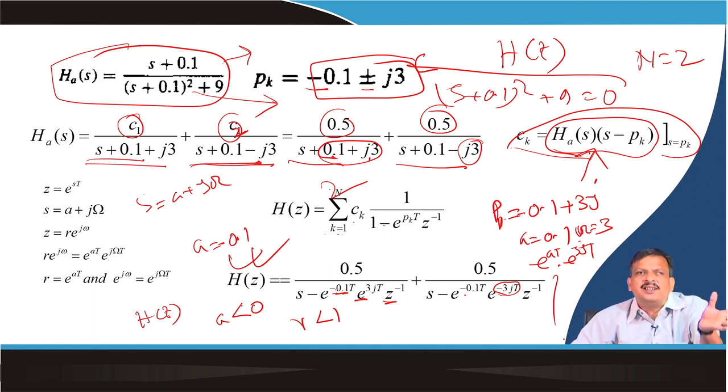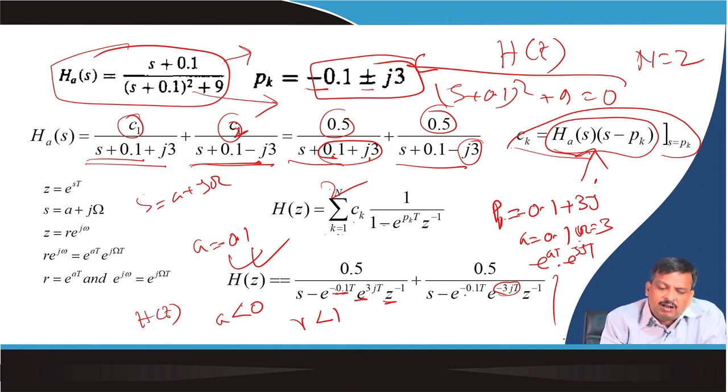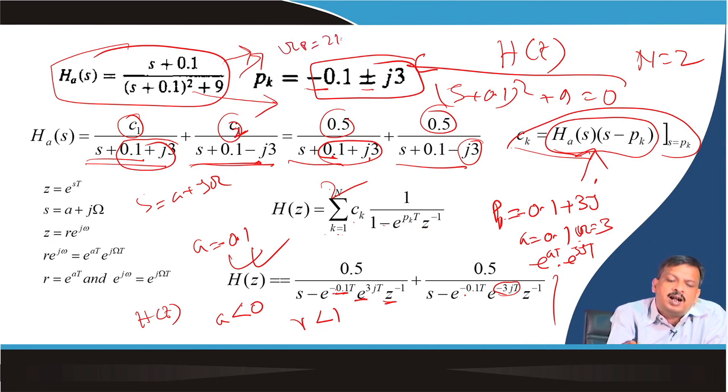So, once I know H(s), I can get the H(z) using the impulse invariance method. Okay. Now, the cutoff frequency will be defined by the position of the pole. When I design this transfer function, I take the cutoff frequency omega p equal to, let us say, 2 kilohertz and omega s equal to 5 kilohertz.